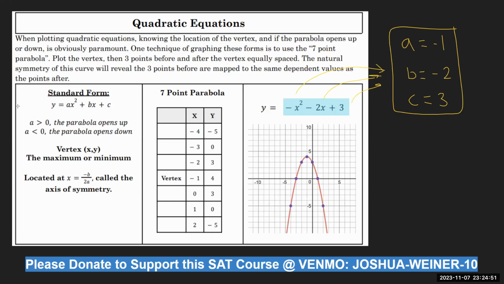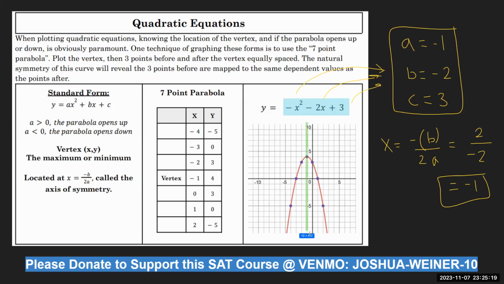Okay. We have to use x equals -b upon 2a, which gives us 2 over -2, which is -1, which means that the center line for the parabola, where the vertex lies, is at x equals -1.